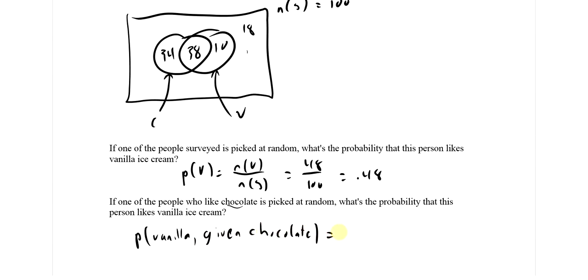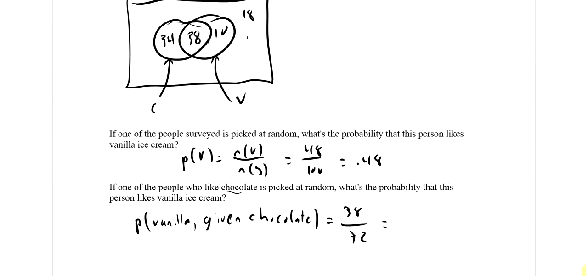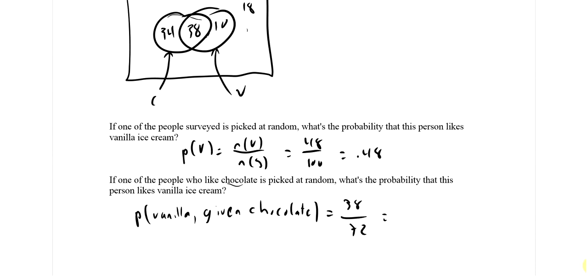Well, how many people in the chocolate circle like vanilla? 38. How many people are in the chocolate circle total? 72. So 38 out of 72 chocolate likers also like vanilla, and that's 0.53.